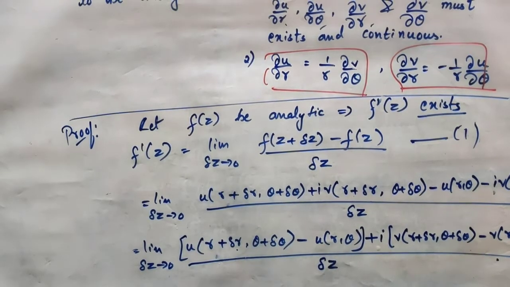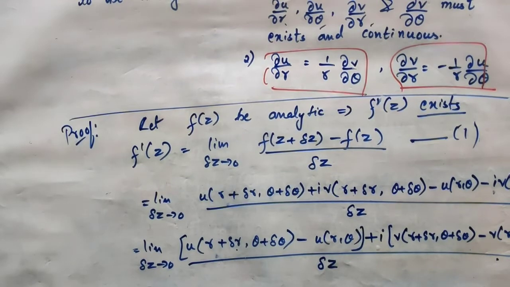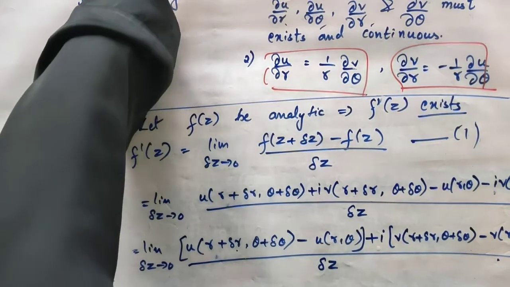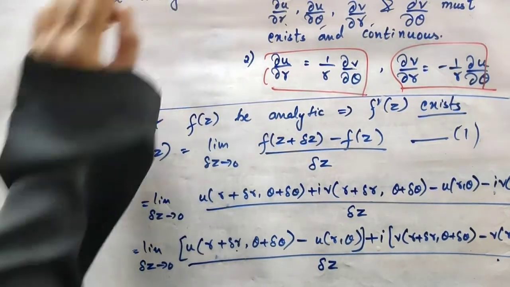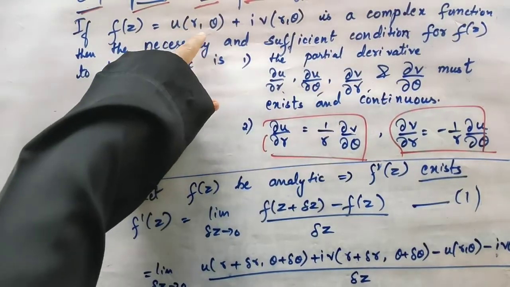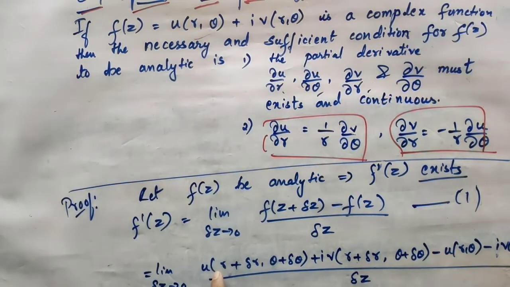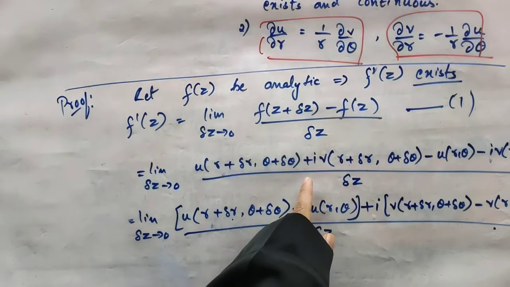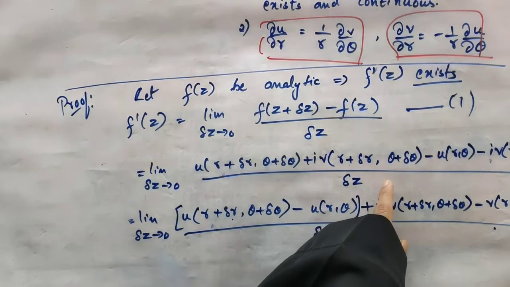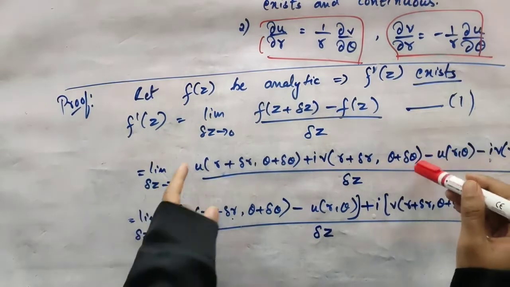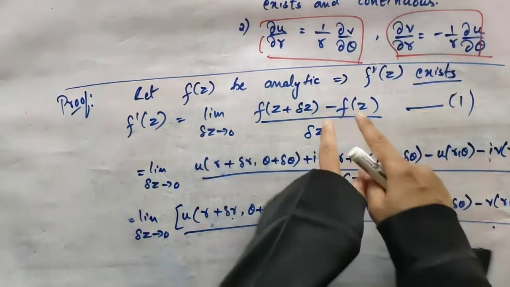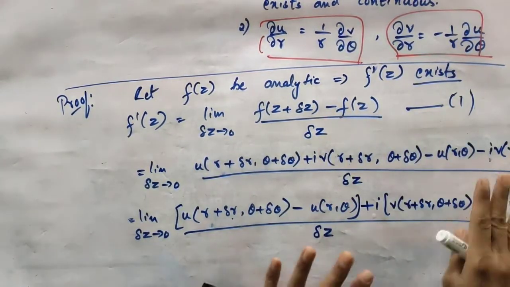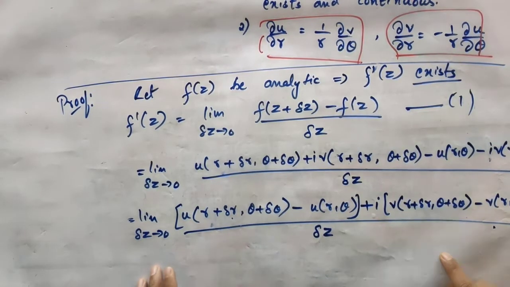Like in previous sessions when we derived CR equations in Cartesian form, we took x + δx, y + δy everywhere; likewise here, in place of x and y you have r and θ. So we take u(r + δr, θ + δθ) + i v(r + δr, θ + δθ). This defines f(z + δz) minus f(z), divided by δz as it is.